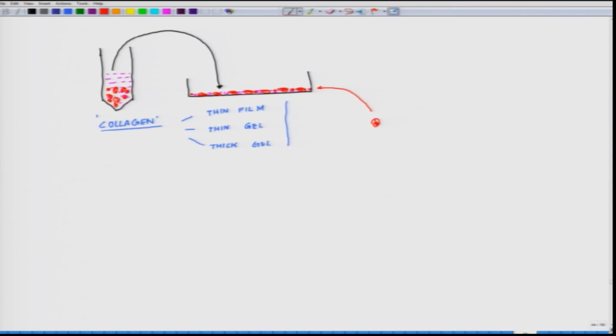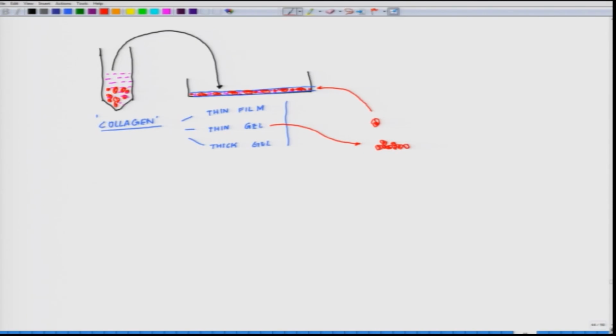So it forms a thin film out here. Now you wanted to make a gel out of it. Very simple. If you want to make a gel out of it, what you do is this. Thin gel, you are making a thin gel.